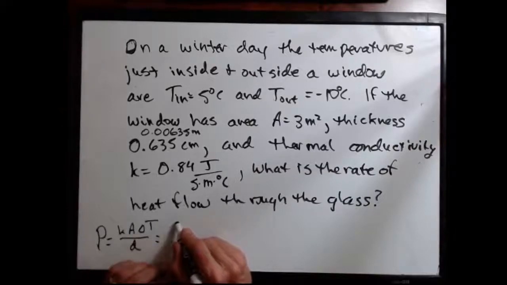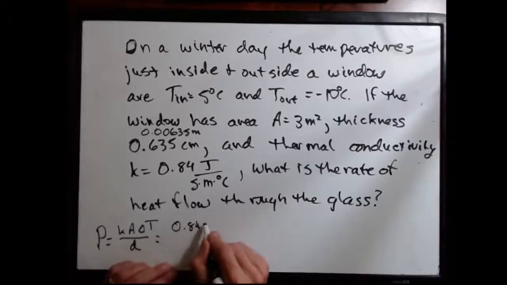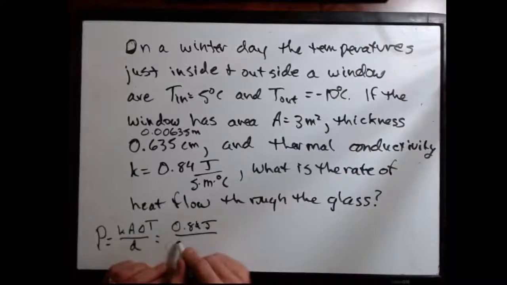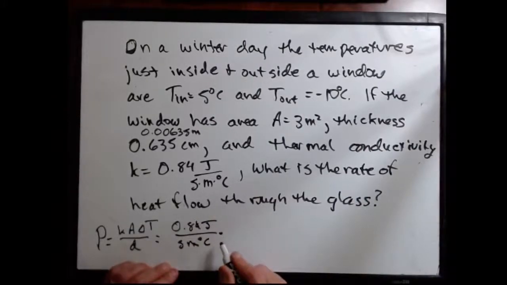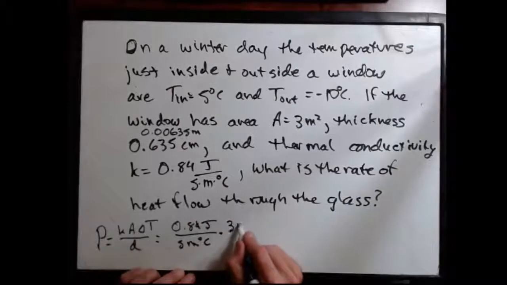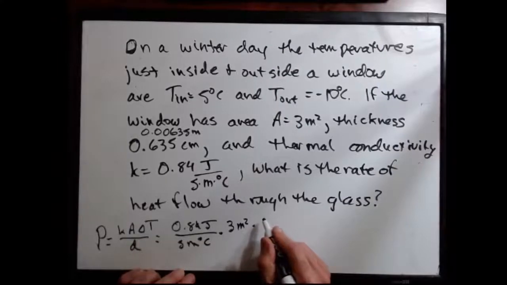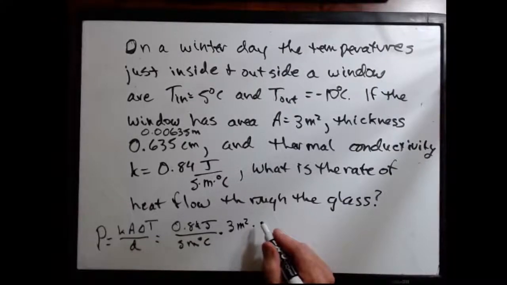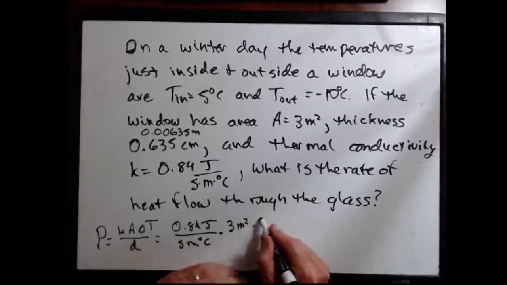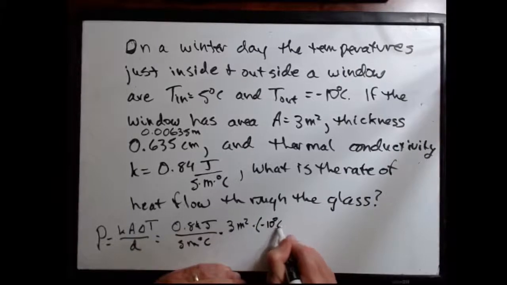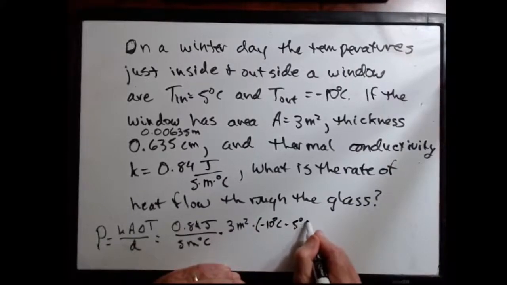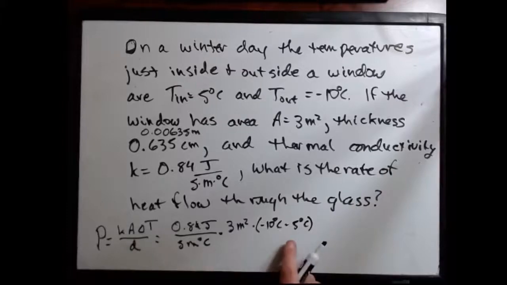This is 0.84 joules over seconds meters degrees C times my area, which is 3 meters squared, times my temperature difference. And usually we do outside minus inside. And so it's minus 10 degrees C minus 5 degrees C. This doesn't matter too much because you're going to know that the heat's flowing from the hot one to the cold one.